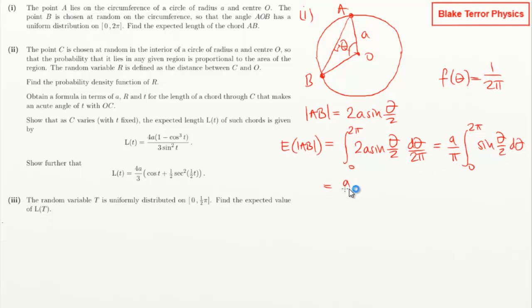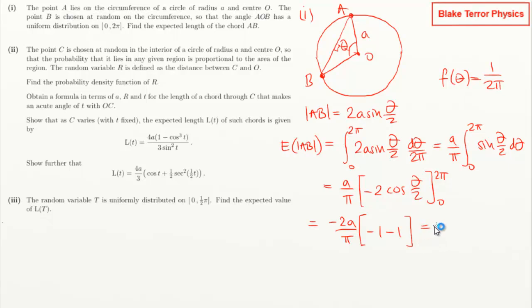So A over pi, then we're going to have a minus 2 cos theta over 2, from 2 pi to 0. Let's take the minus 2 outside, minus 2A over pi, and then I'm going to have a cos of pi, which is minus 1, and then take off a cos of 0, which is another minus 1.